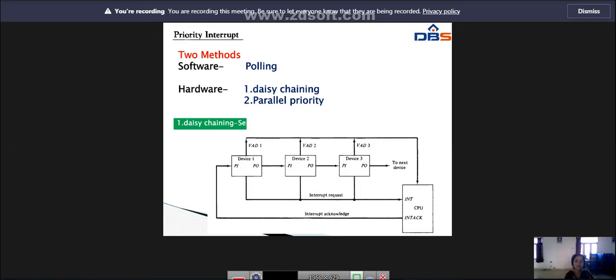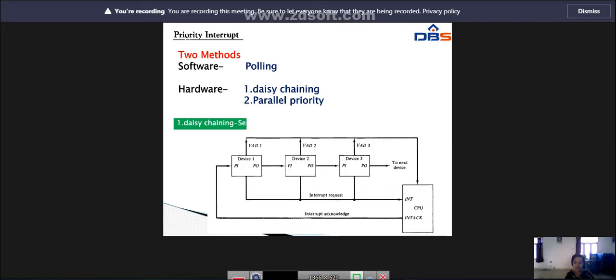So for a device with a 0 at its PI input, I am providing the value 0 at the PI input. It generates a 0 at PO, the output, to inform the next lower priority device that the acknowledge signal is being blocked.